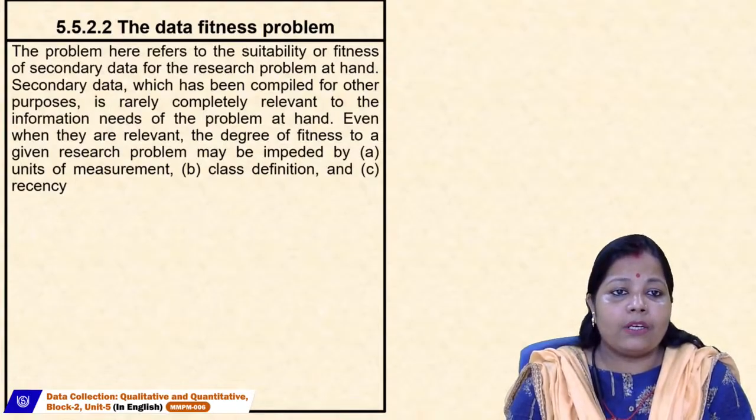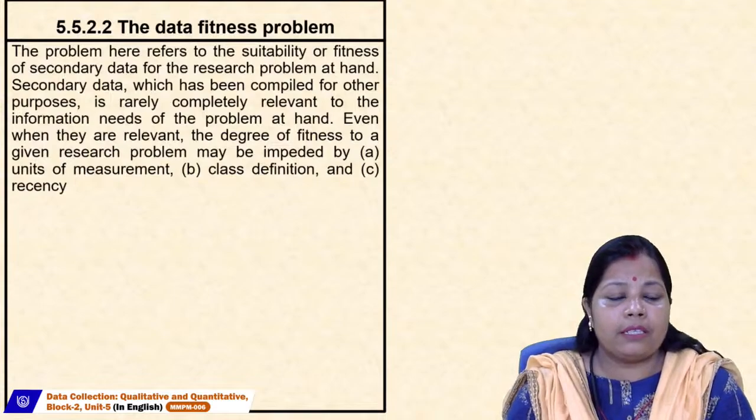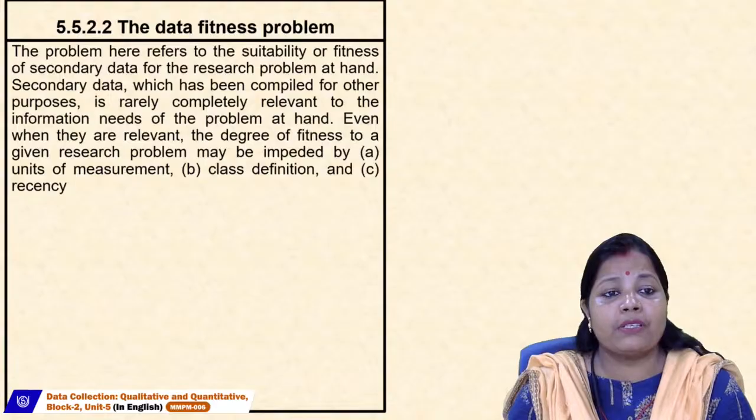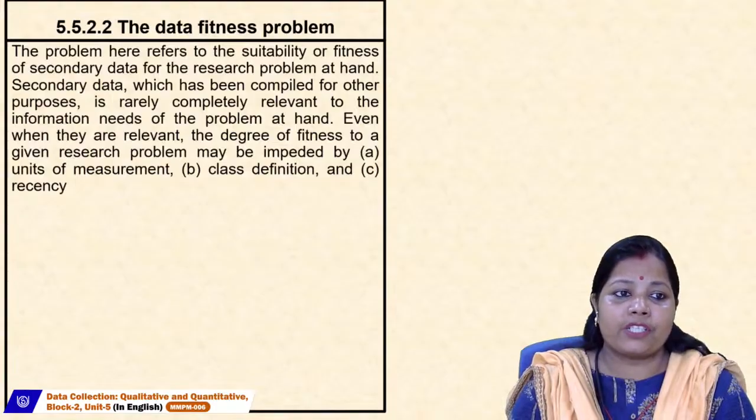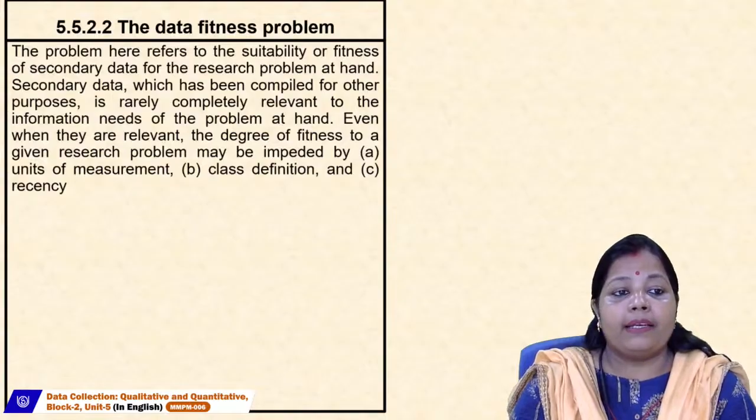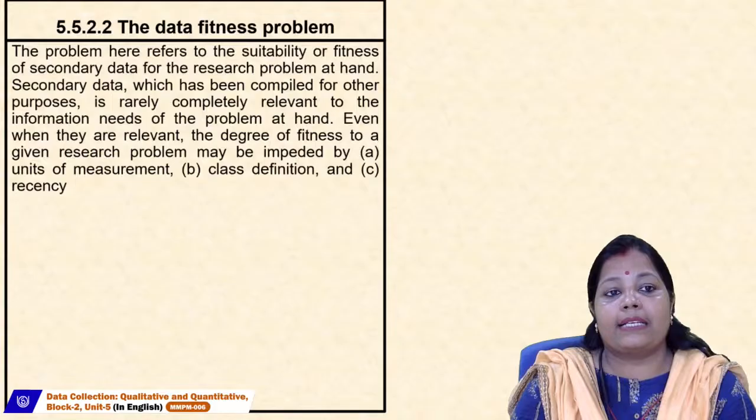So secondary data which has been compiled for other purposes is rarely completely relevant to the information needs of the problem at hand. Even when they are relevant, the degree of fitness to a given research problem may be impeded by units of measurement, class definitions and recency.